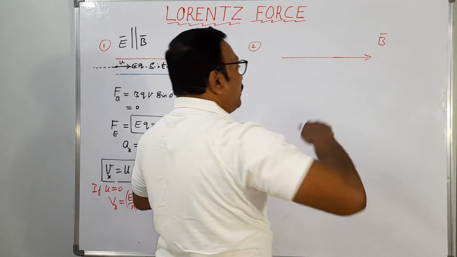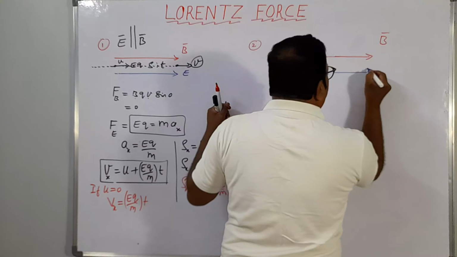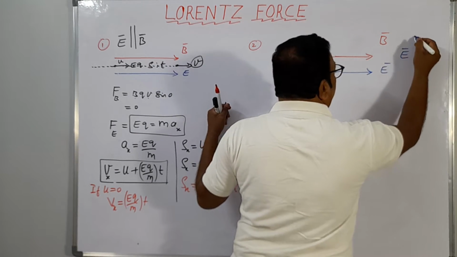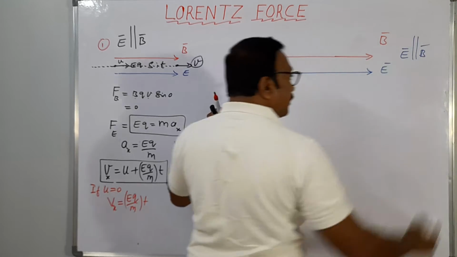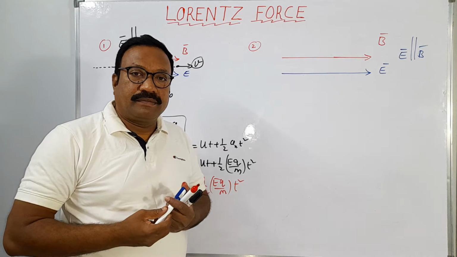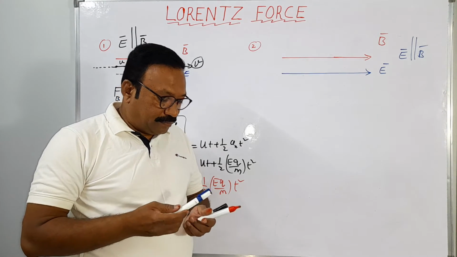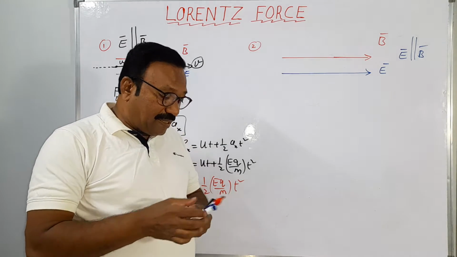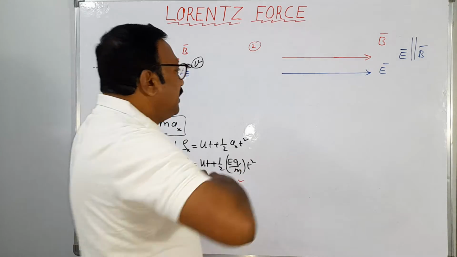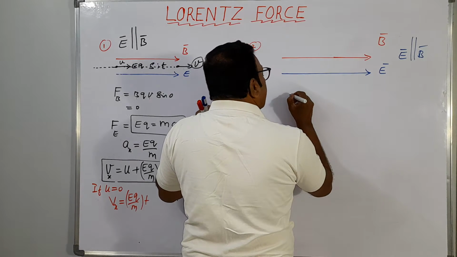And electric field, both are parallel, no doubt: E bar parallel to B bar. But the particle is entering perpendicular to the fields. That is what is happening. Say now the particle is coming like this.